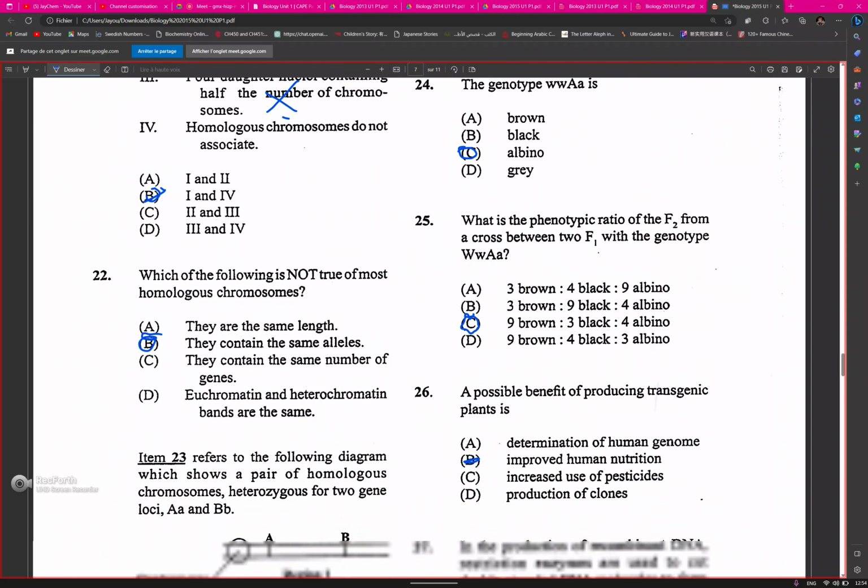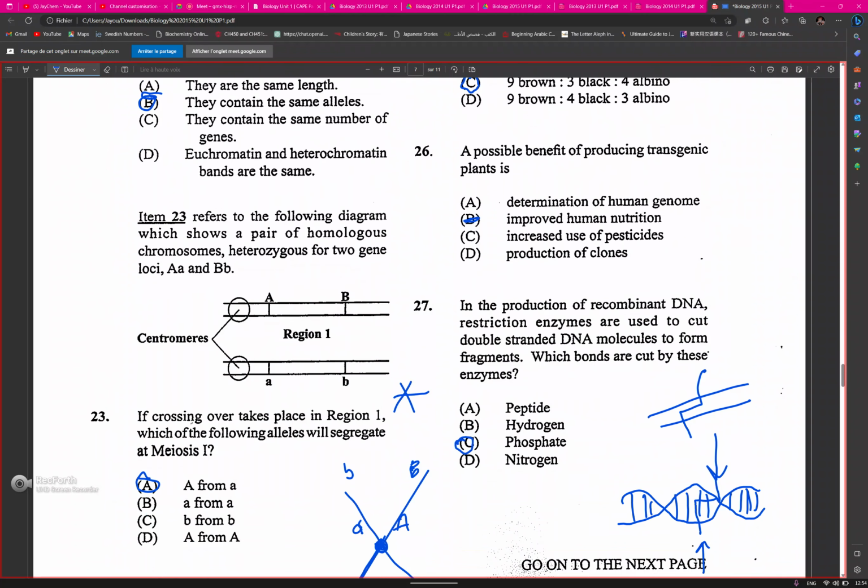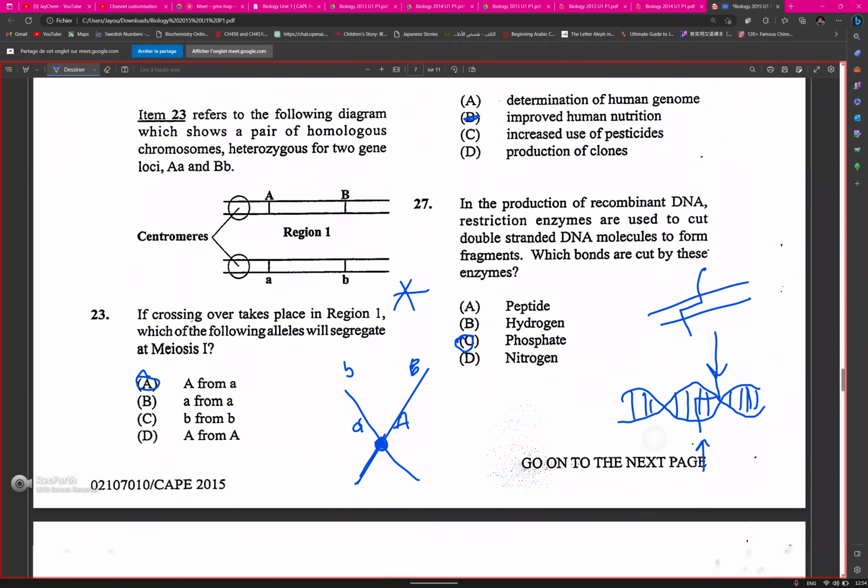Okay, going straight back up to 23. 23. Would it be C? Why would you say that?